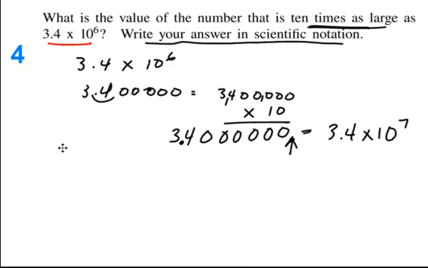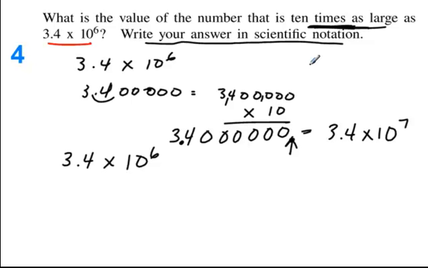Now, another way to do this is, if I simply look at 3.4 times 10 to the 6th, and I multiply by 10, when you were in elementary school, about 4th or 5th grade, and you multiplied by 10, what did the teacher tell you as a shortcut? What can you do to a number if I multiply by 10? Either add or take away a 0. Essentially what you're doing is moving a decimal, but you might not have had decimals in elementary school.